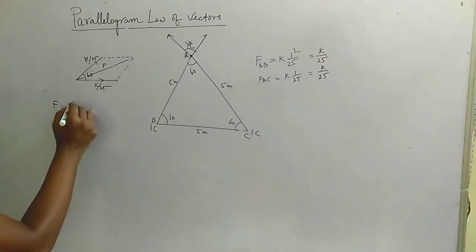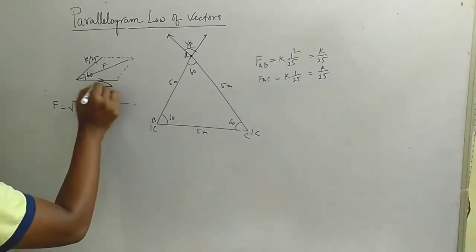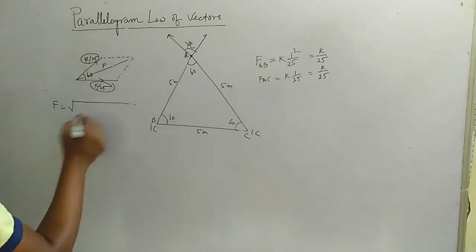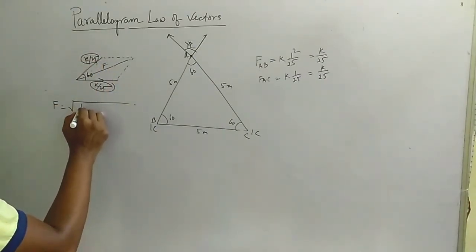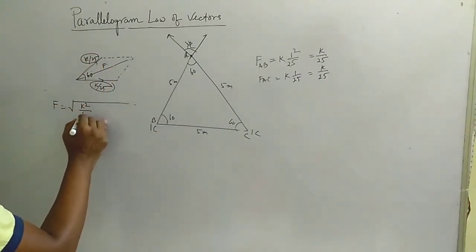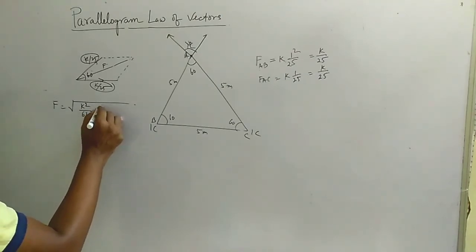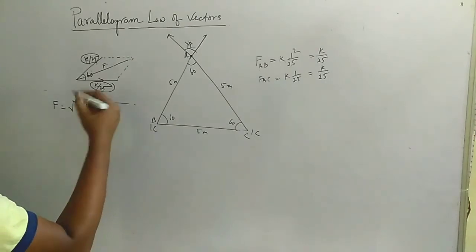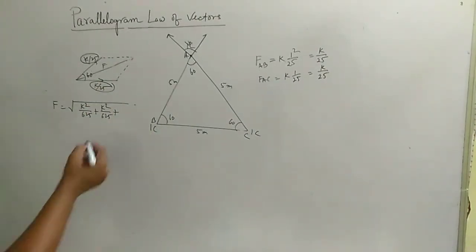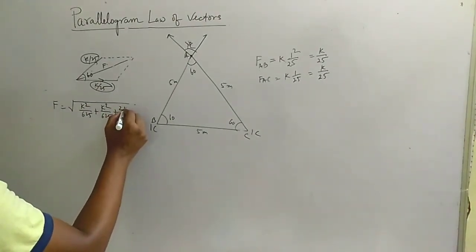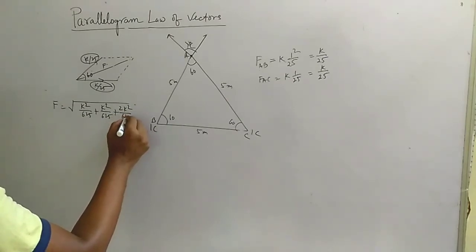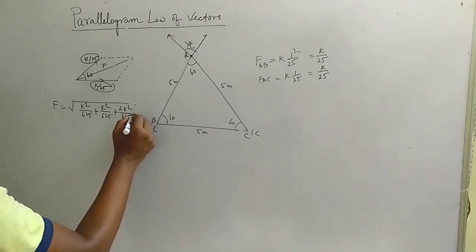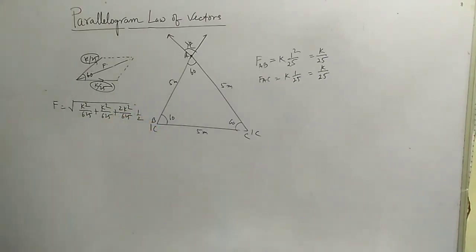F is under root of this square plus this square plus 2 times the product cos 60. So this is K square over 625 plus K square over 625 plus 2K square over 625 cos 60, that is half.